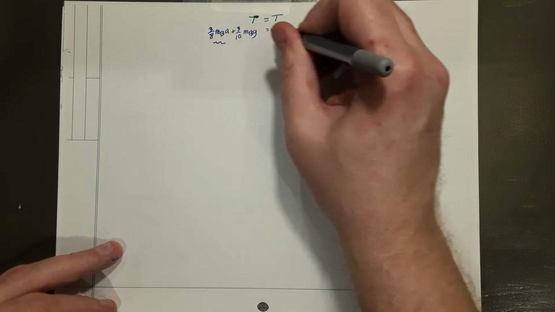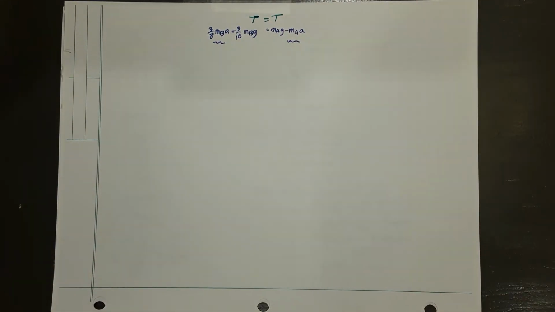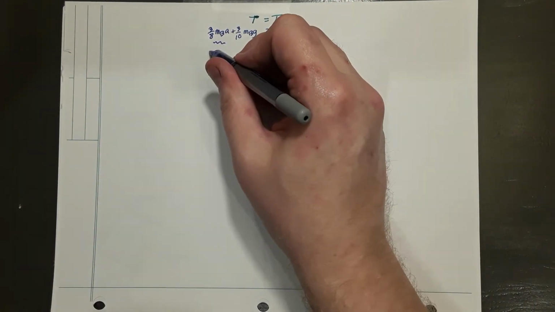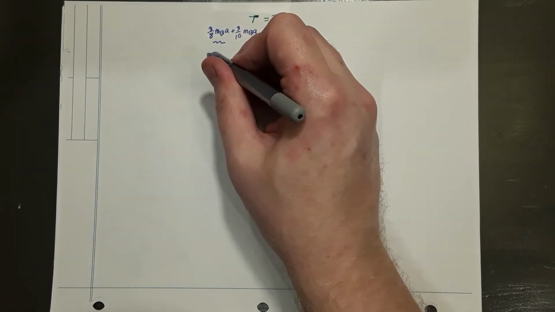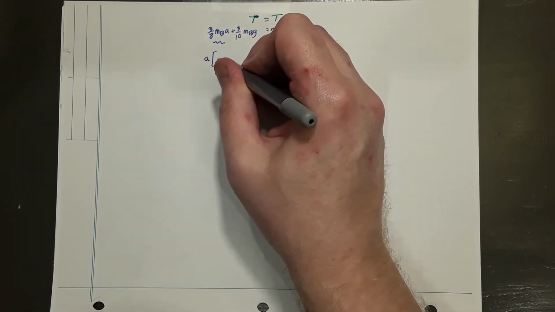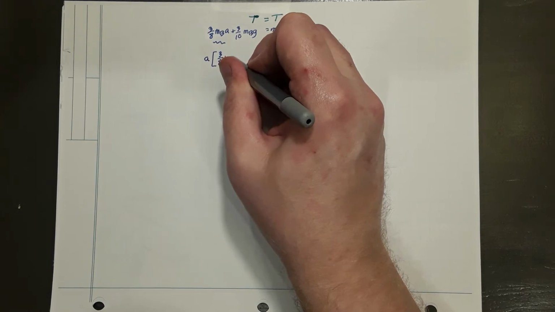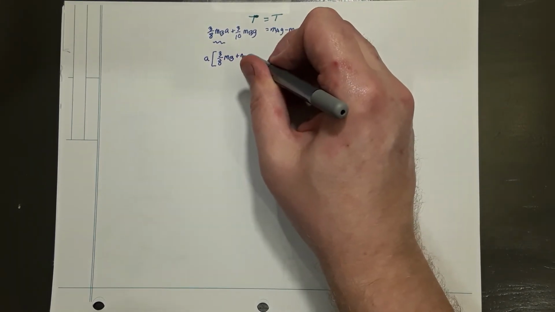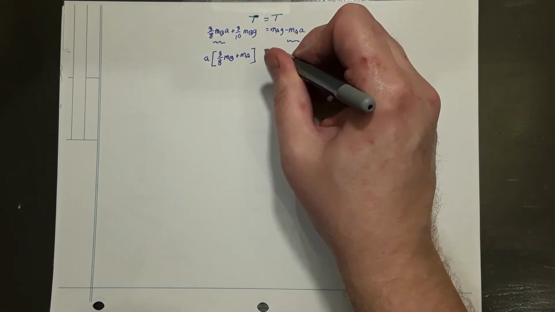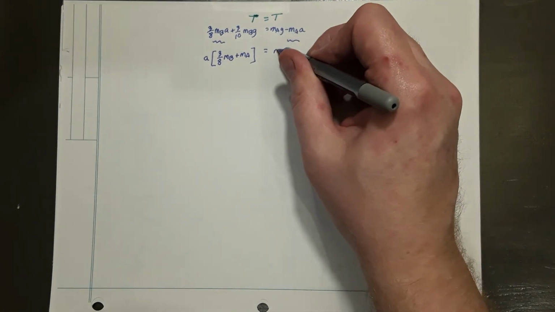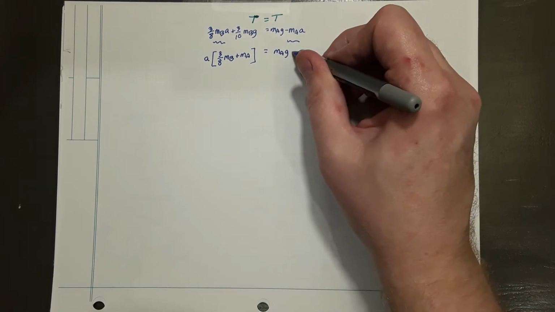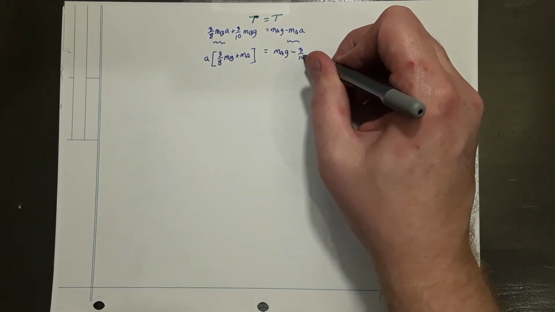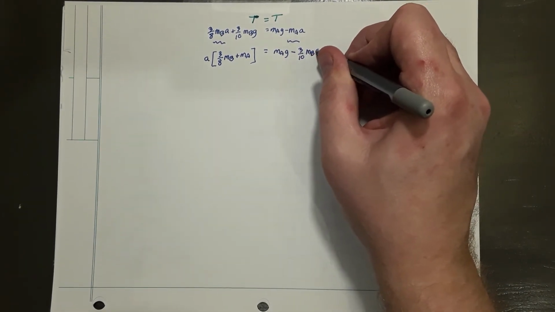Only two of these terms have acceleration in them. If I move them both to the left and factor out the A, I'm left with 3/8 MB plus MA. And if I move everything else to the right side of the equation, I get MAG minus 3/10 MBG.